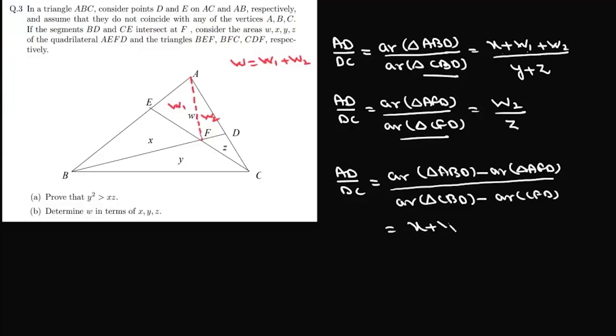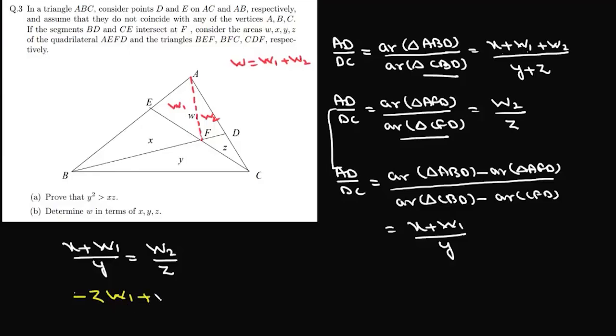So there will be X plus W1 upon, and here it will be Y plus Z minus Z. So there will be simply Y. And if we equate these two, we can write (X plus W1) upon Y is equal to W2 upon Z, or we can simply write ZW1 plus YW2 is equal to XZ, and that's our first result.